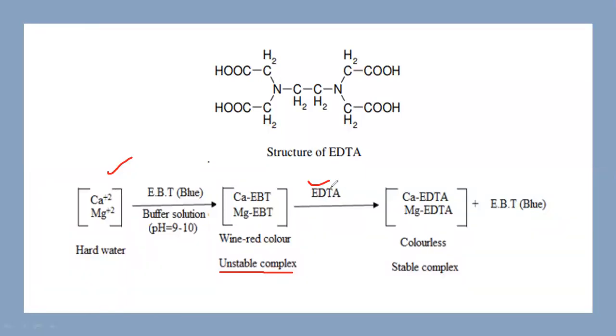This EDTA displaces the EBT from this complex, and an EDTA calcium and magnesium complex, or EDTA metal complex, is formed, which is colorless but stable. And this EBT indicator is released in the solution, and it gives a blue color.